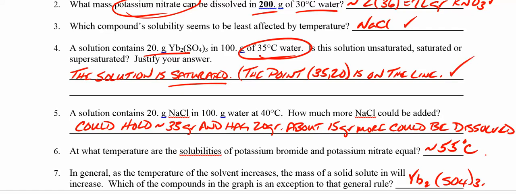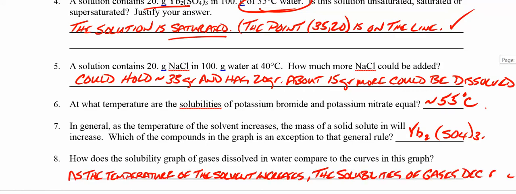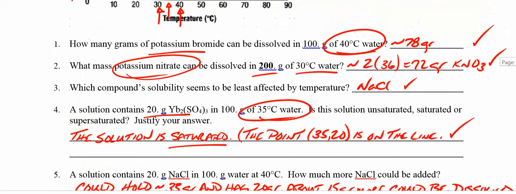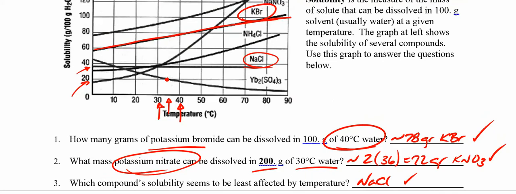Let's take a look at number 5. Number 5 says a solution contains 20 grams of sodium chloride in 100 grams of water at 40 degrees Celsius. How much more sodium chloride could be added? So we're going to look at sodium chloride at 40 degrees Celsius and see what it can potentially hold. Remember that sodium chloride was this one right here, and it really isn't temperature dependent.